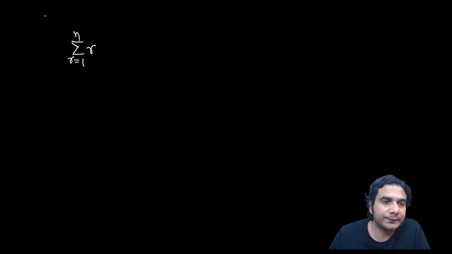Now let me tell you some important values of sigma which you need to remember, and we'll directly apply these values in the questions. So the first value is sigma of r from 1 to n. I'll write these important points to remember.